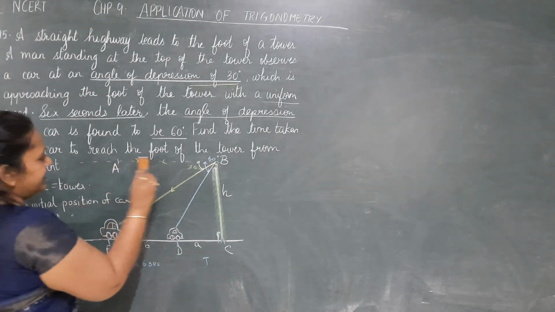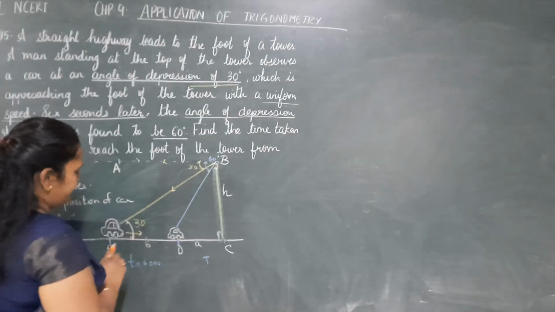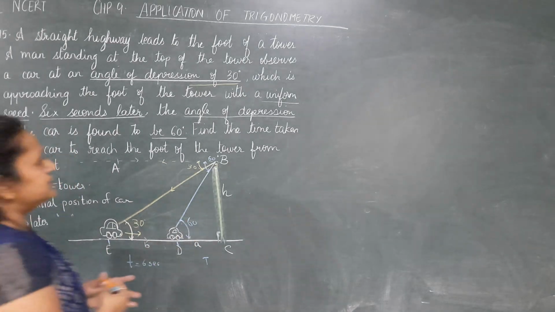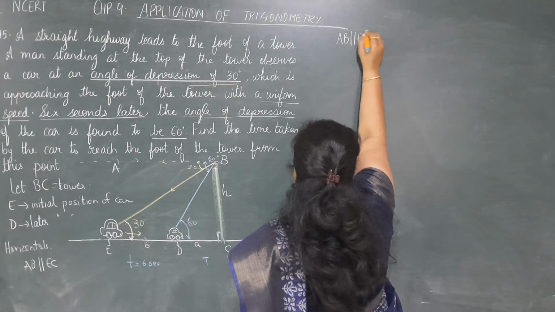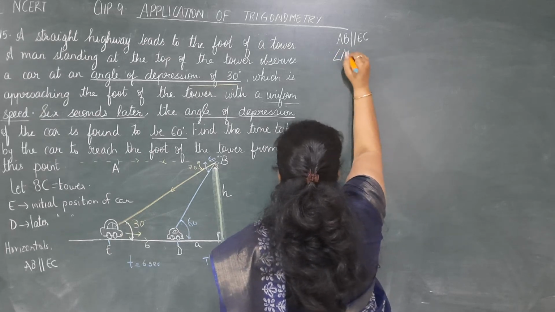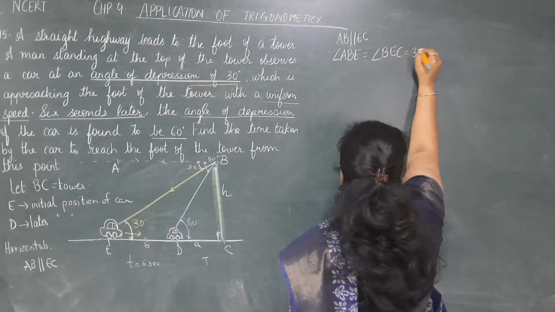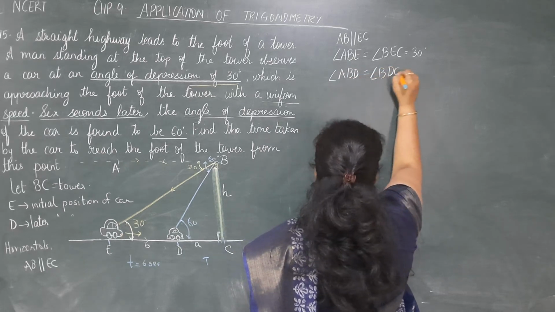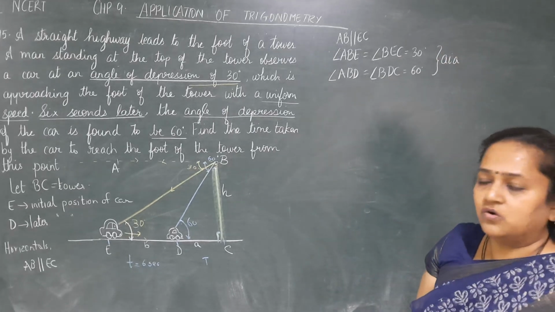Likewise, angle ABD will be equal to angle BDC, again alternate interior angles. Let us write it: AB is parallel to EC, therefore angle ABE is equal to angle BEC is equal to 30, and angle ABD is equal to angle BDC is equal to 60, and the reason for both is alternate interior angles.